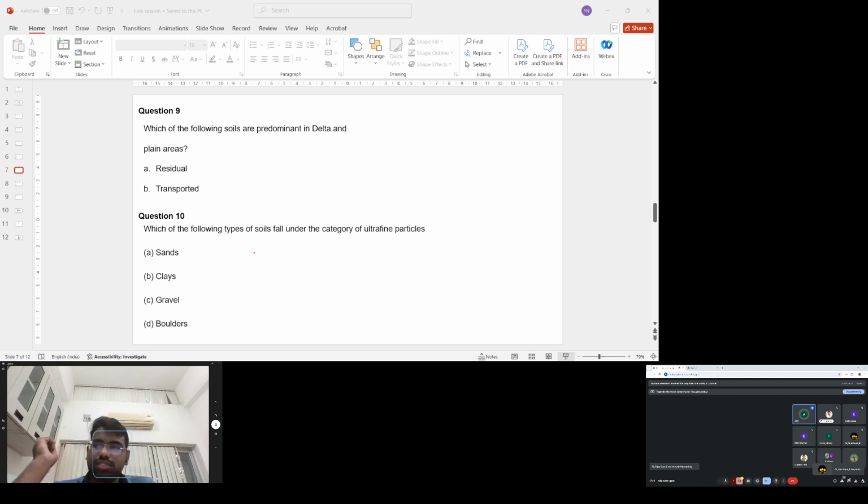Yes, when the water becomes more, it happens. But what is the frequency of flooding? Maybe it occurs once yearly, but the deposition takes place all over the years, right? So it deposits and again it will move.